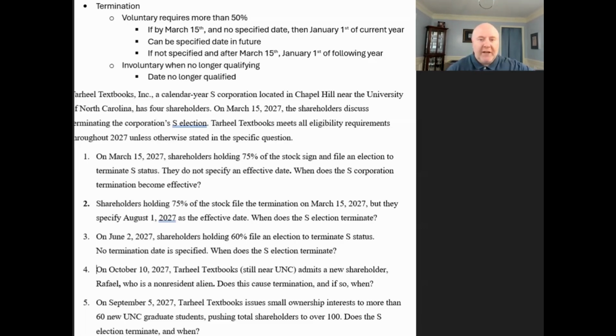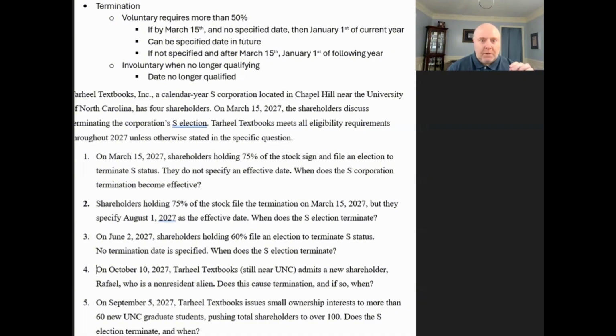It doesn't have to be January 1st of 2027. It could be a date in the future other than the beginning of the next year. So September 30th, August 2nd, October 31st, any of those dates are going to work. They can pick that.